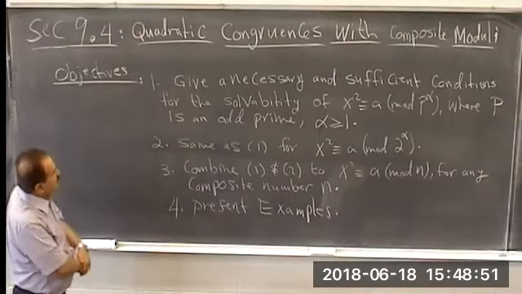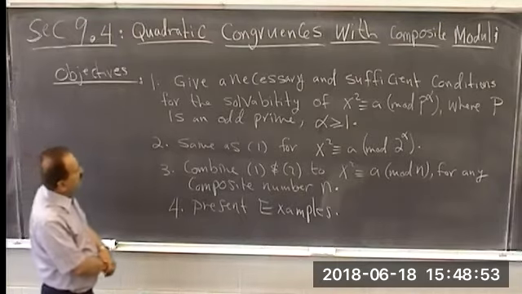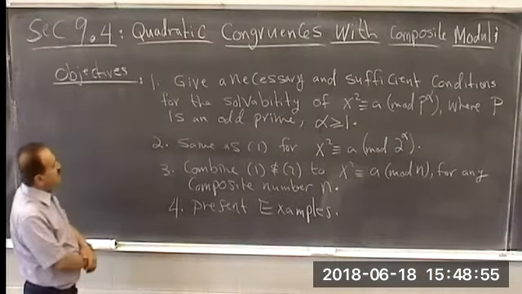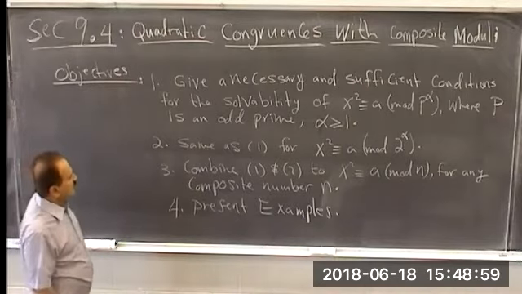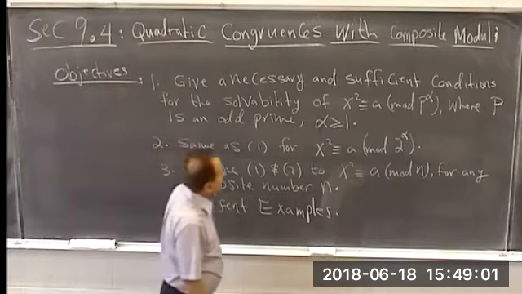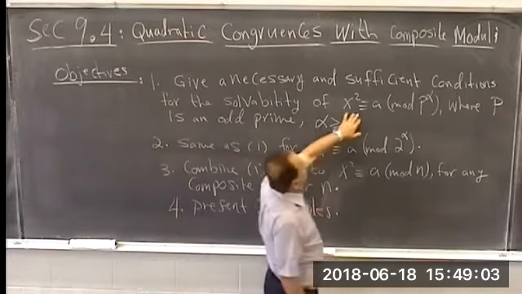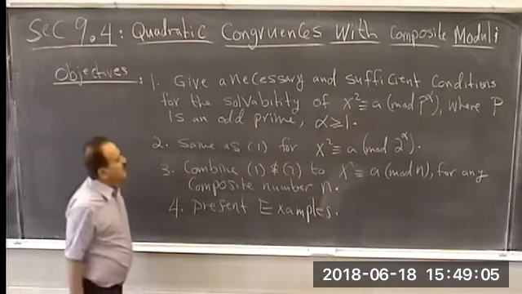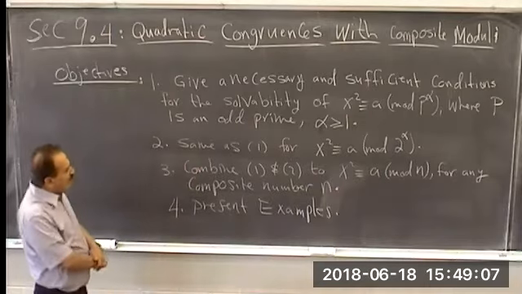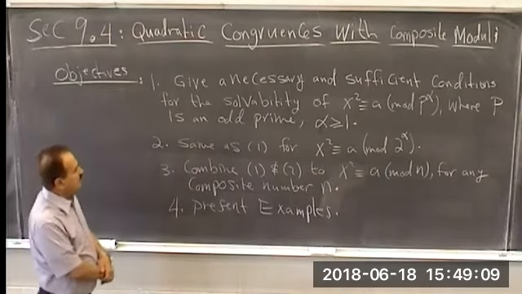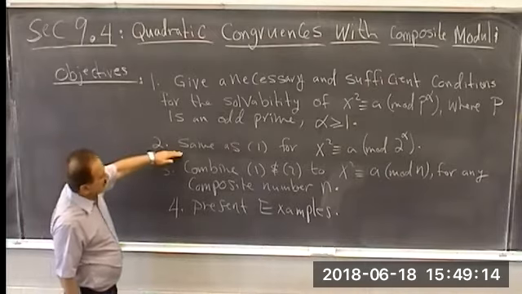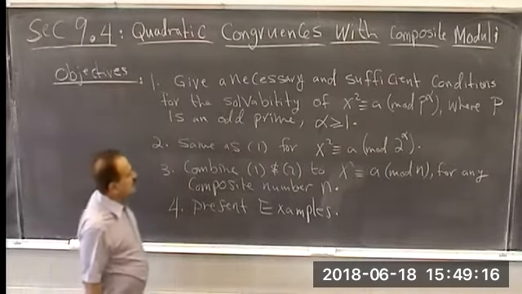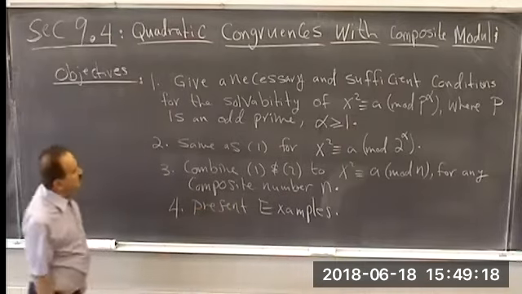So the objectives of this section: first, we're going to give necessary and sufficient conditions for the solvability of the simple or reduced quadratic x squared congruent to a mod powers of odd primes. Then we're going to work on powers of the prime 2, 2 squared and so on.